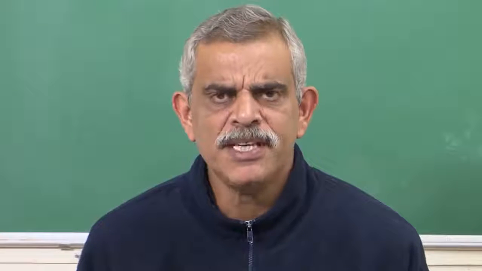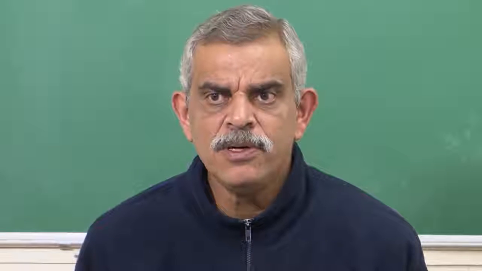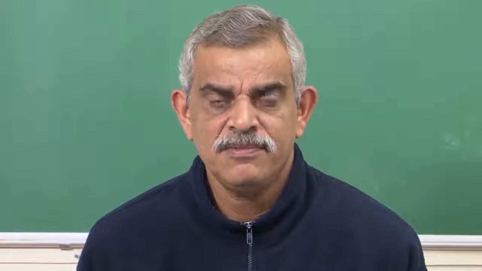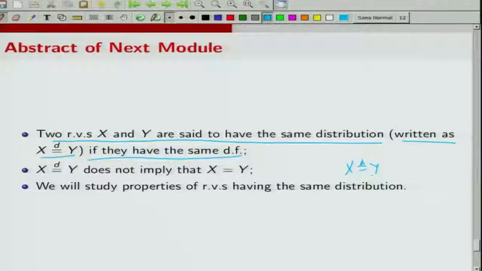The distribution may be same, but saying that as random variables X and Y are same is equivalent to saying that the two populations are same, which is not correct. So this is a typical example where the random variables may have the same distribution, but they may not be the same.